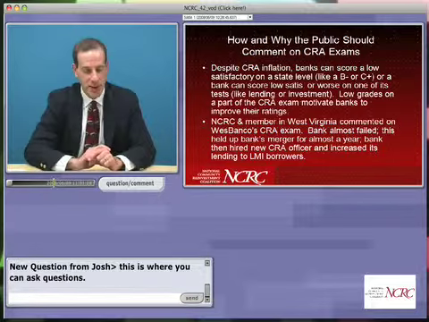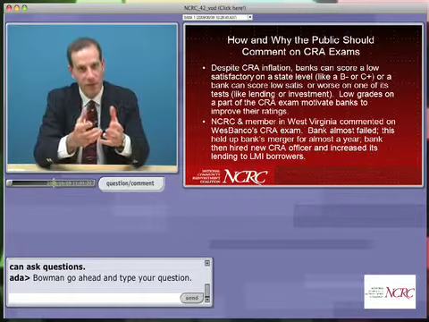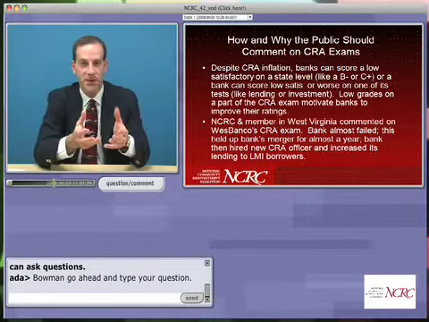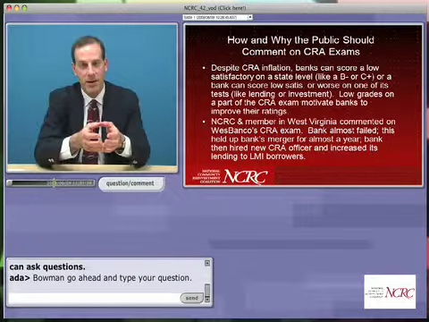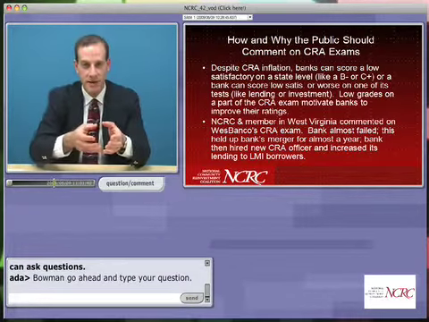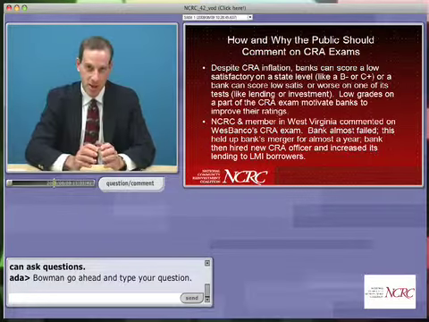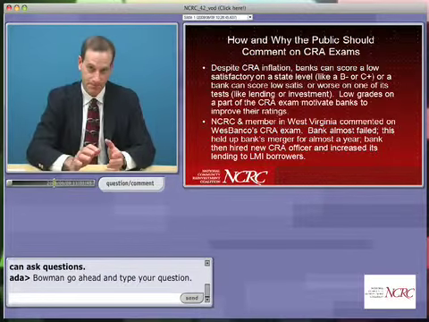We'll learn more in the CRA modernization part of the discussion, but even within a bank, not all parts of it are covered by CRA. The part of the bank that is covered by CRA is the bank that makes loans. But actually a bank also does a lot of investments.